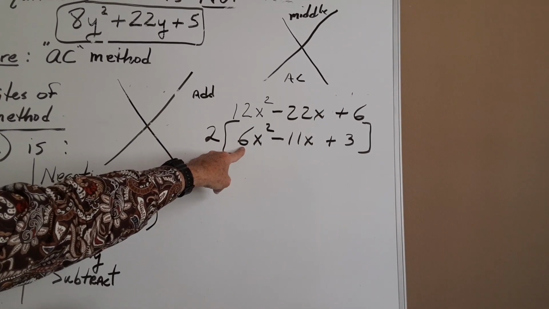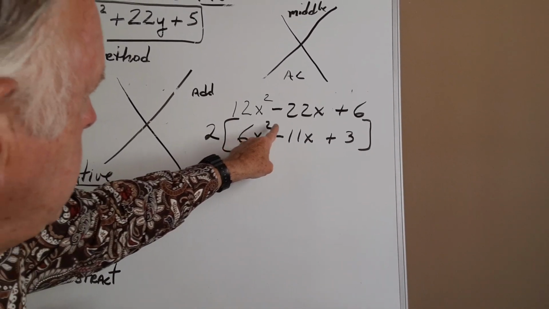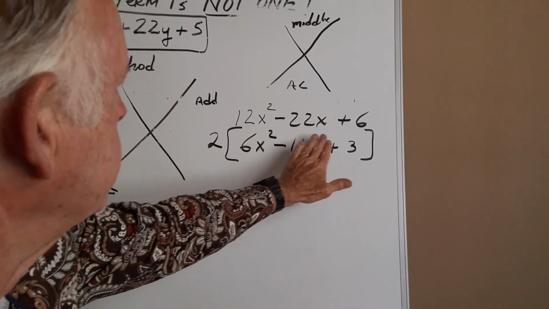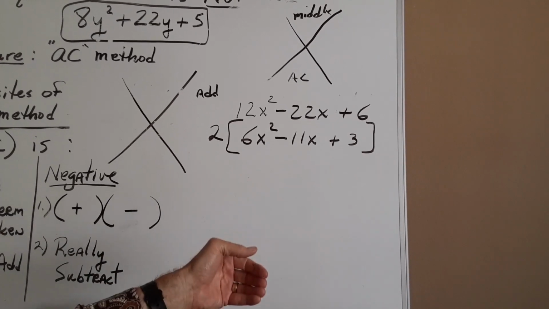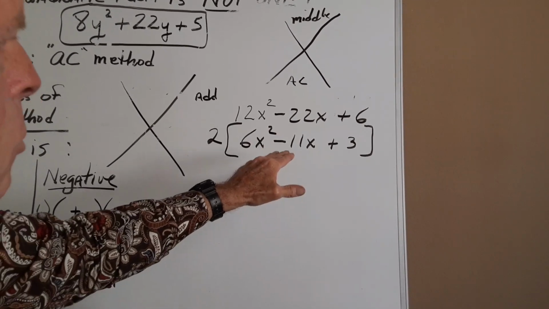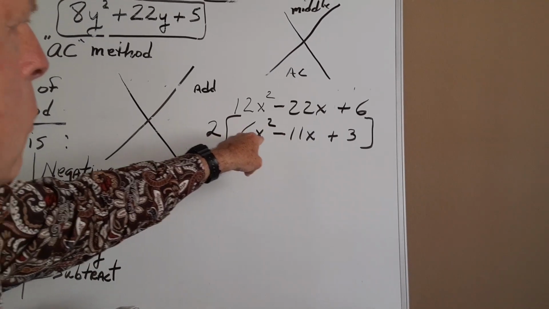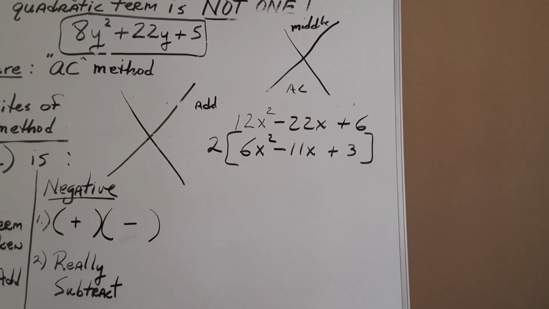That means we're going to use AC. And that means this trinomial inside the bracketed house is going to be converted into a polynomial with 4 terms. I used a bracket so that we could eventually use parentheses inside the bracket to do our factoring by grouping.